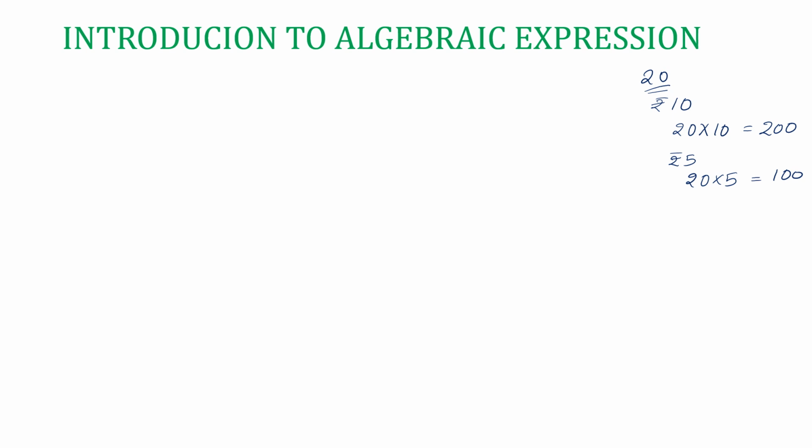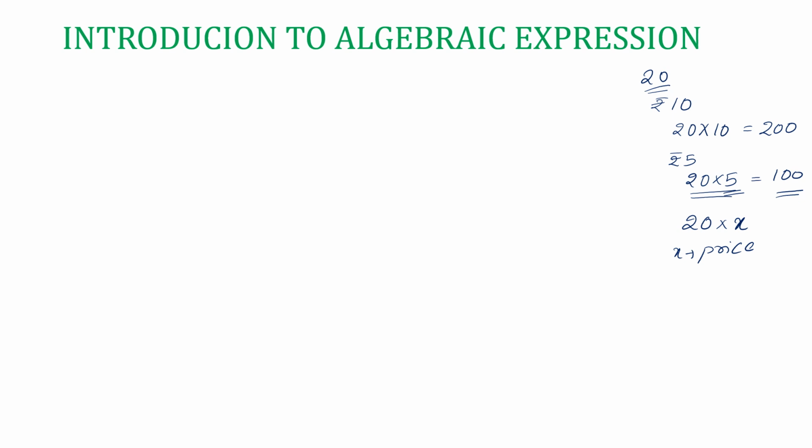So as the price of the pen changes, your total money needed also changes. So this can be written in the form 20 into x, where x is the price of the pen. As the price changes, this value also changes.